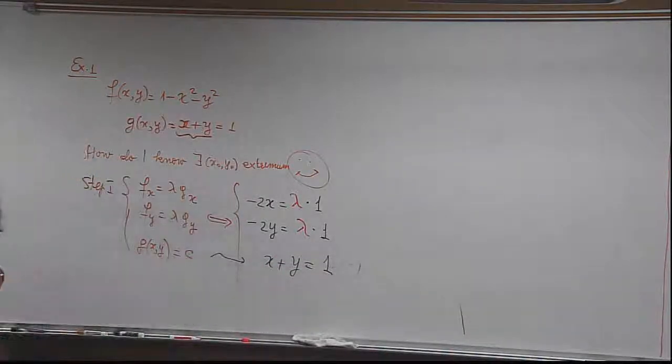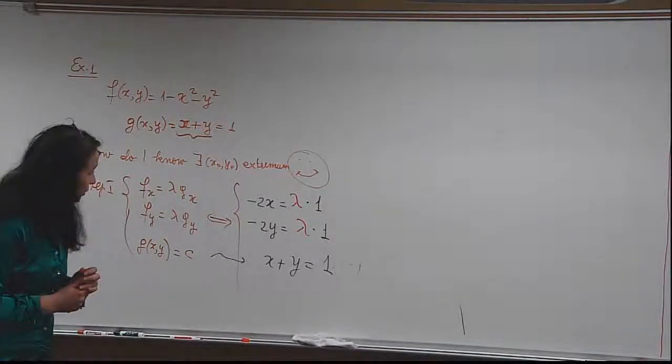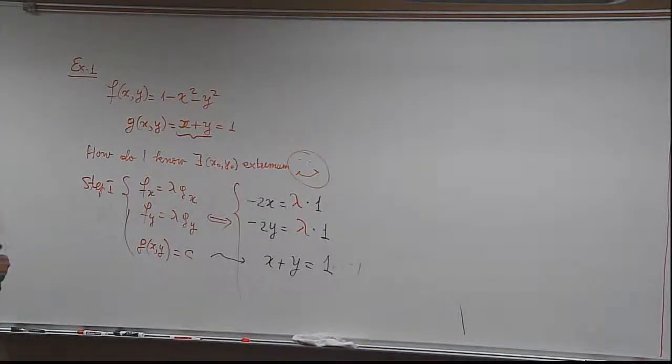And now what do we do? Now we start staring at the system, and we see patterns. And we think, what would be the easiest way to deal with these patterns?